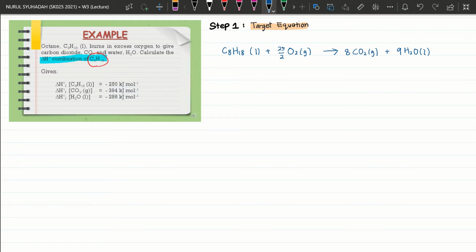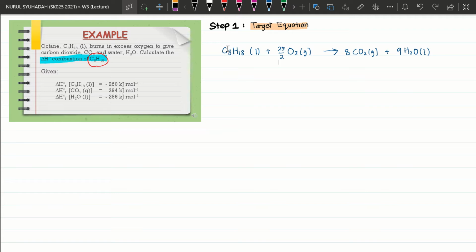For the target equation, since this is chapter 2 thermochemistry, our equation must be a thermochemical equation. Why is this not called a thermochemical equation? Because there is no data about the enthalpy.